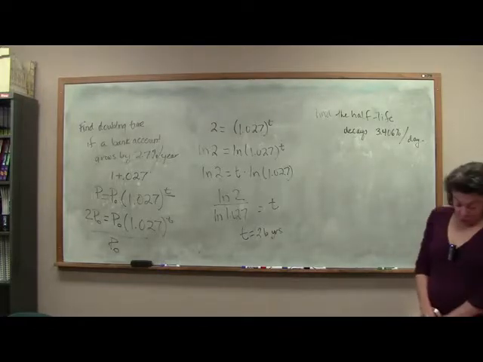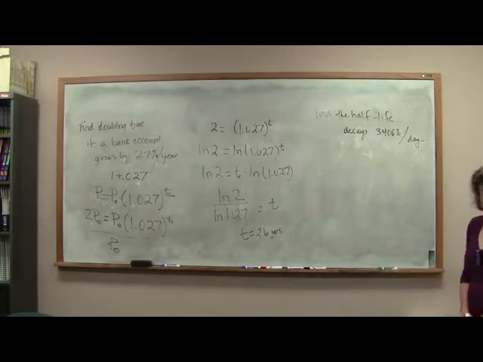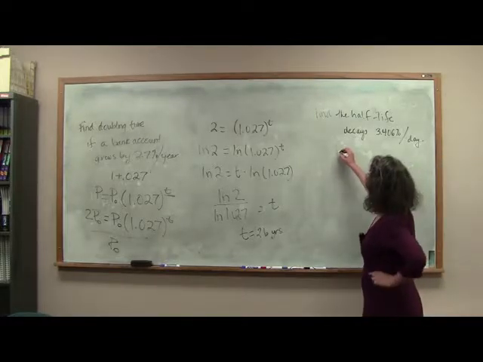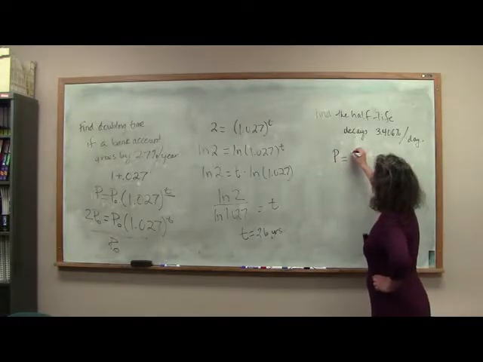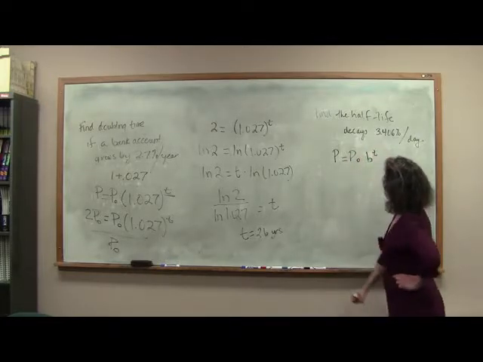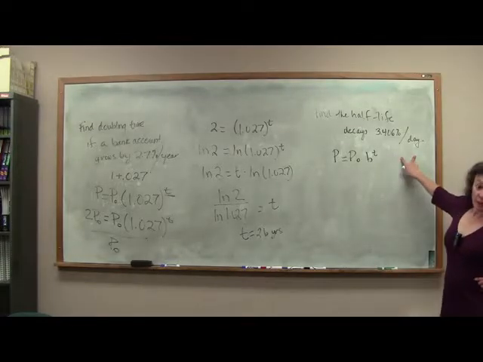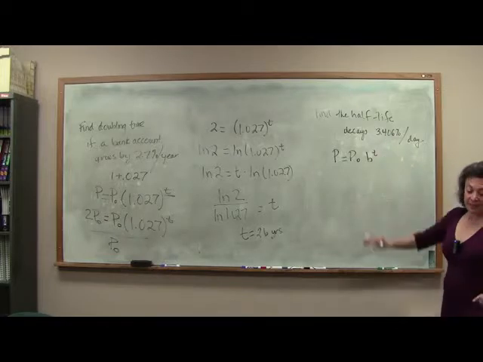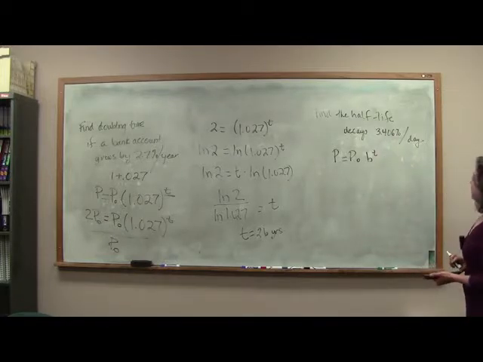All right, notice it does not say a word about continuous, so we're going to use this, P sub 0, B to the T. If it was a base of E, then we would be given that it's continuous.